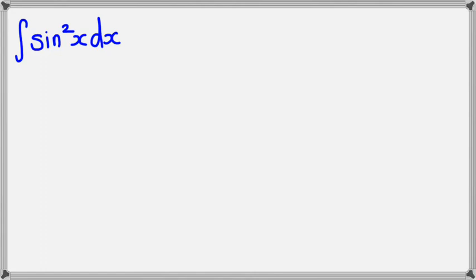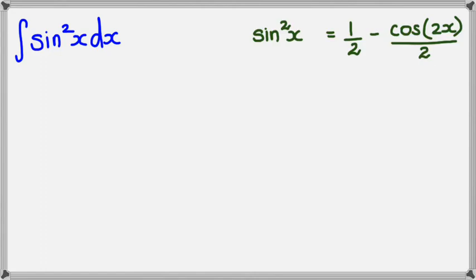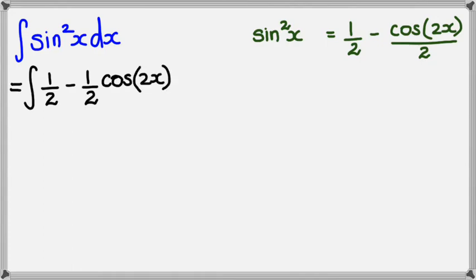So anytime we have sine squared x, what we need to remember is what we did in the previous slide: sine squared x equals half minus cos 2x over 2. So we're going to replace the sine squared x with half minus half cos 2x dx. From this point, integrating this is very easy, because if I integrate half, I get half x minus, I'm going to have half there.